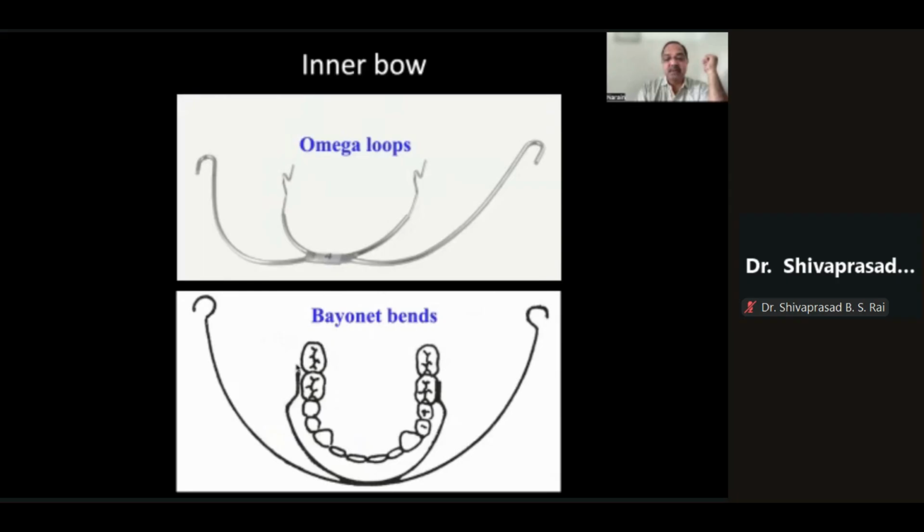These will prevent the inner bow from slipping through the headgear tube and injuring the soft tissues. So it is always compulsory that you give a stopper just mesial to the headgear tube.